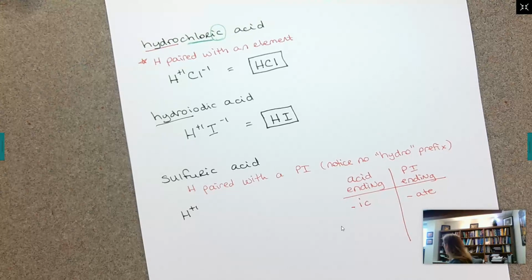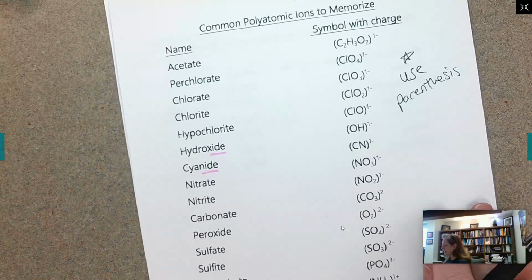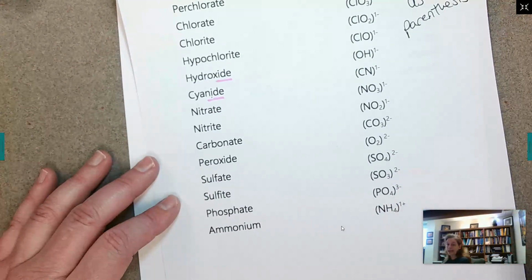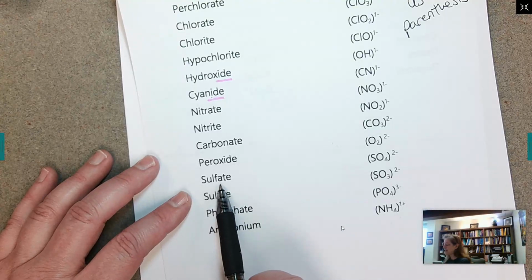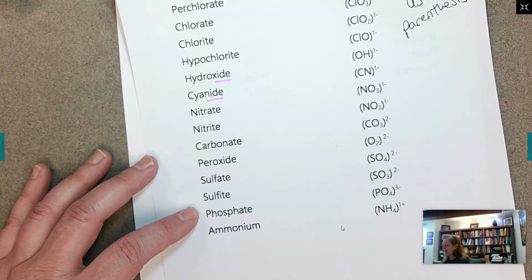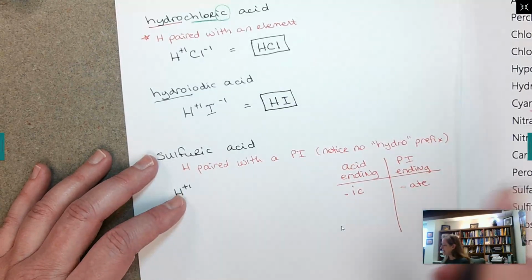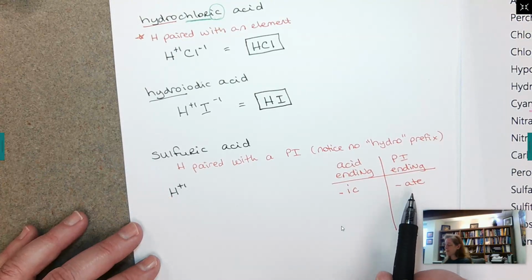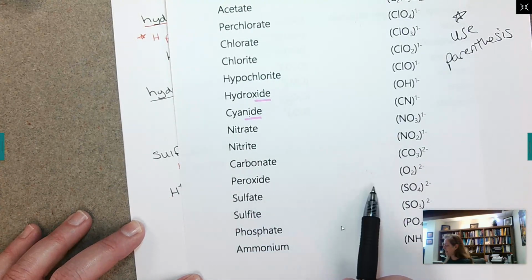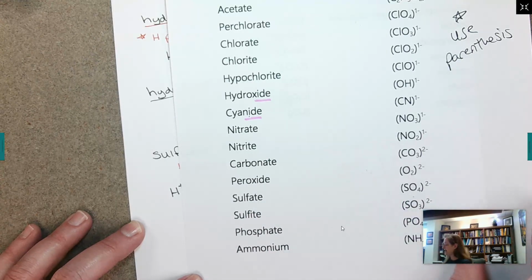So let's look at our polyatomic ion list. It's probably going to be, because it's sulfuric acid, sulfate or sulfite. Our name of our acid was sulfuric. So if it ends in ic, that means we're going to use the ate polyatomic ion. So that means sulfate is the one we're going to pick. And that's going to be SO4 with a -2 charge.